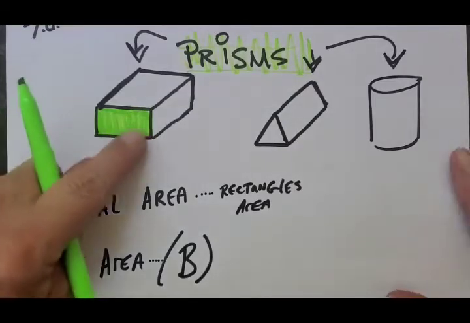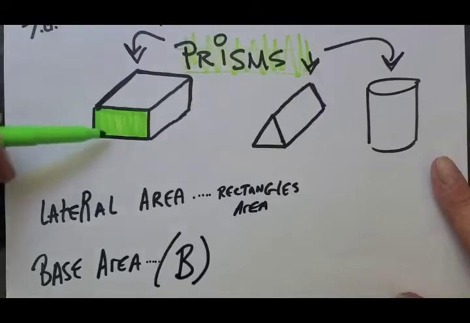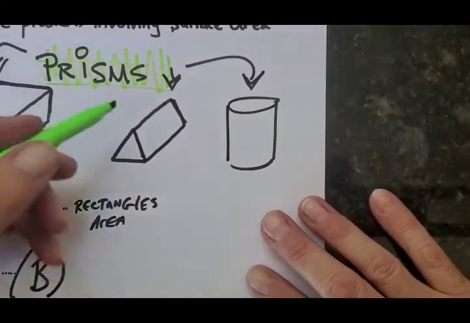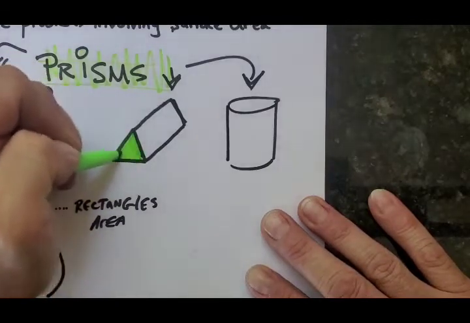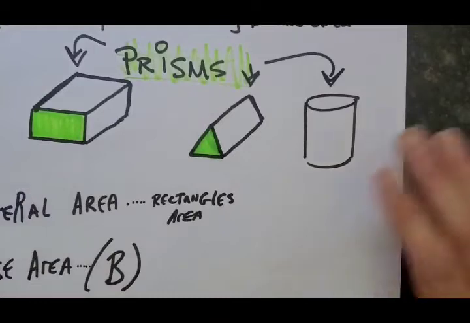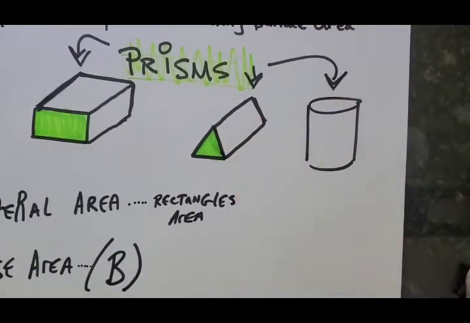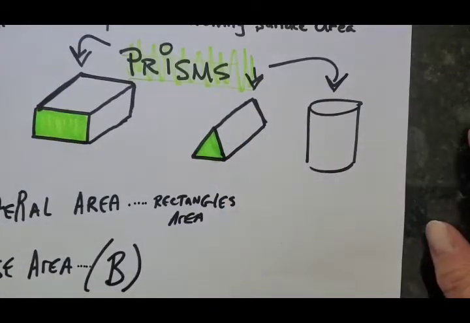So you could say that this is the base of this prism. So this is what kind of a prism? This is a rectangular prism. For this one here, the base is, in this case, I'm marking a triangle. So the name for this prism would be a triangular prism.